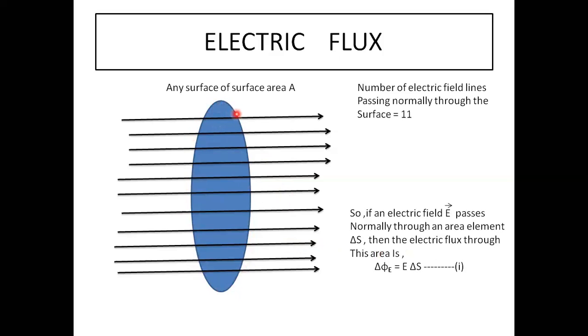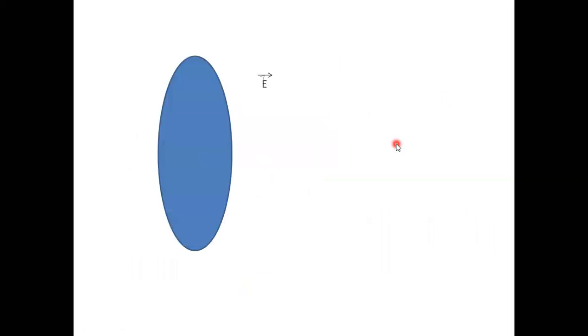Okay, what if the field lines do not pass through the surface normally? Like in this case, this is again my circular surface. Here also, the electric field is passing through this surface, but in this case, it is not passing in the normal direction. That means it is not passing in the perpendicular direction. It is inclined at a particular angle. Now in this case that angle is theta, and it is made with the normal of the surface.